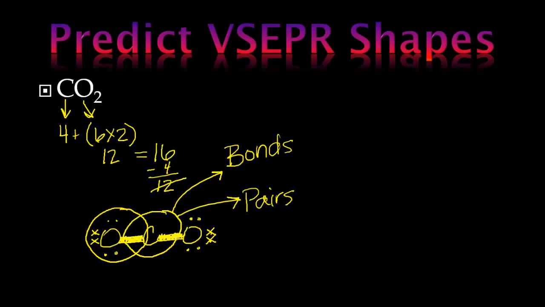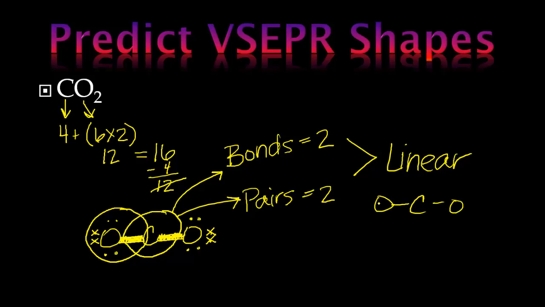And a single bond gives us 1 pair. So around carbon, I have 1 pair, 2 pairs. So I have 2 pairs, and I have 1 bond, 2 bonds. Something that is 2 bonds, 2 pairs gives me a linear shape. So this would stay linear. And that is how you predict your molecular geometry.